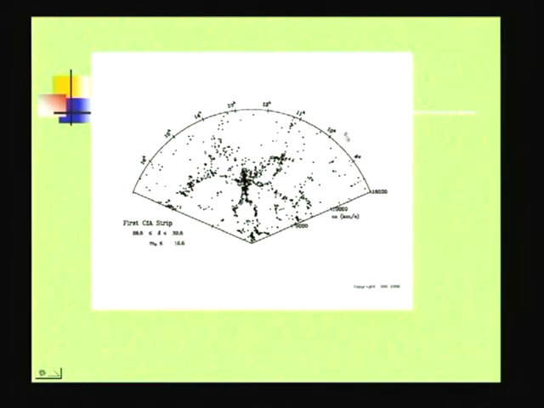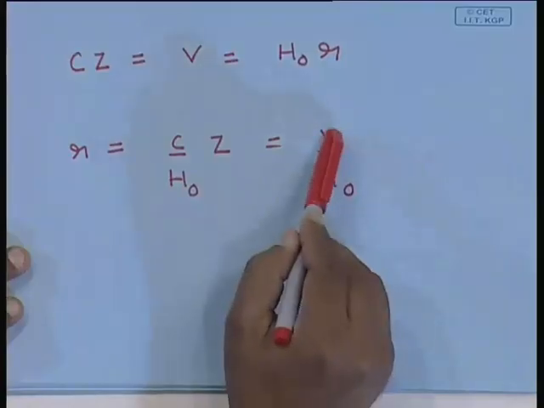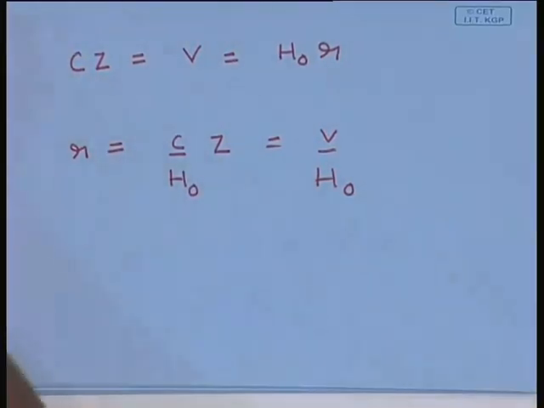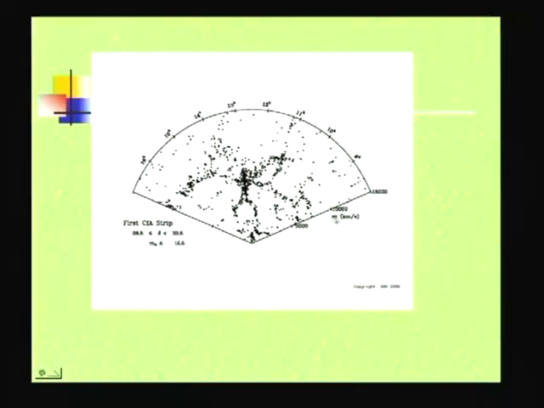The thickness has been suppressed because the region that has been surveyed is quite thin. The speed, the cz value or the speed v of the galaxies, is of the order of tens of thousands of kilometers per second.